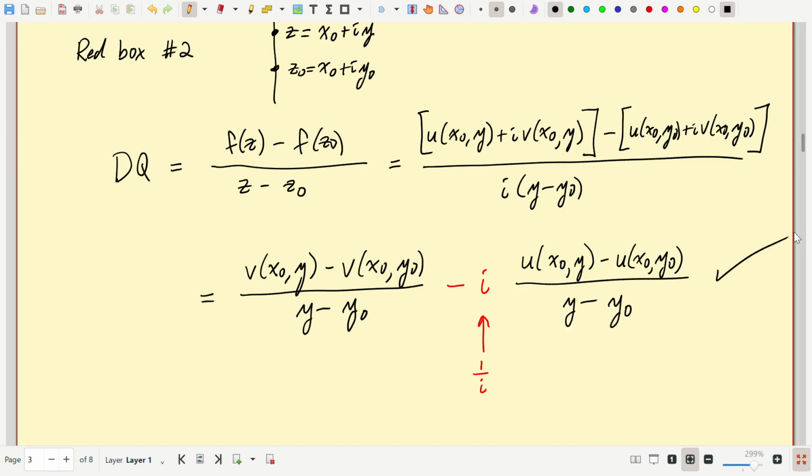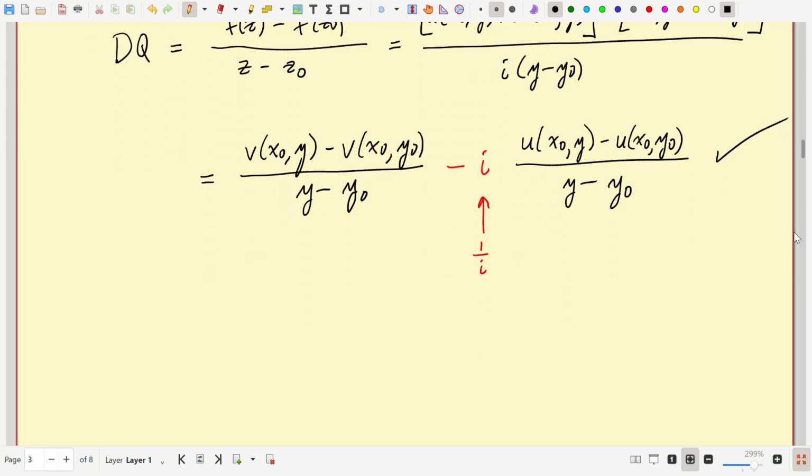So sure enough, as I slide in, those things are converging to partial derivatives, which have to be that same limit L. So that's how that works. It's not hard. It's sort of an elementary thing.